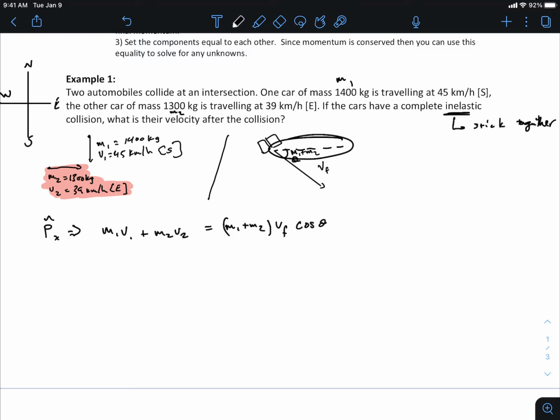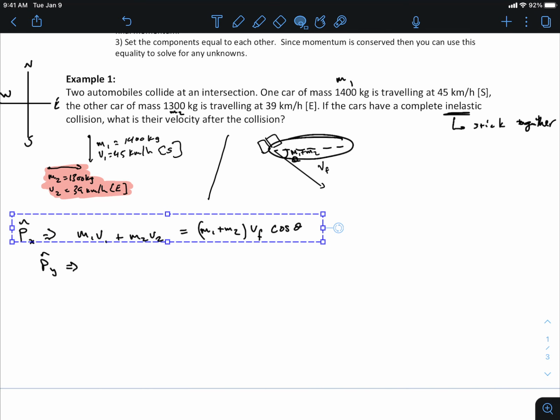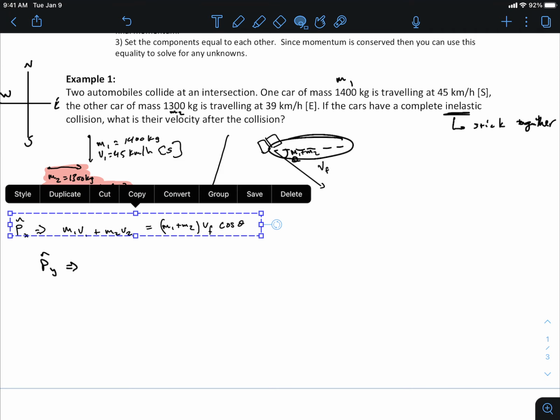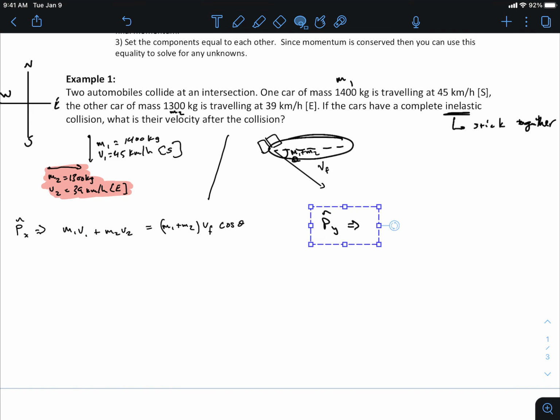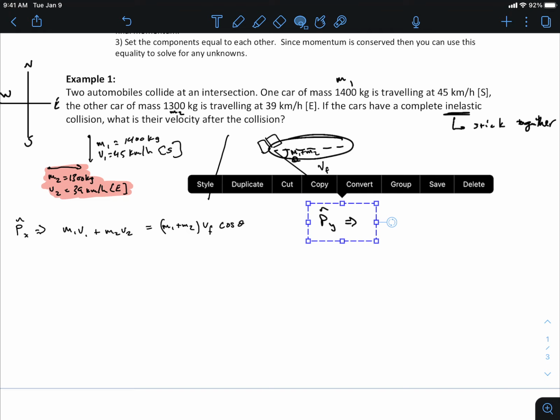So then we could also look at the momentum in the y direction, right? And we're going to look at, okay, well, initially, maybe what I'll do here, I was trying to organize information. I'll take this and move this over here. We'll do these two things separately and see what happens, okay?